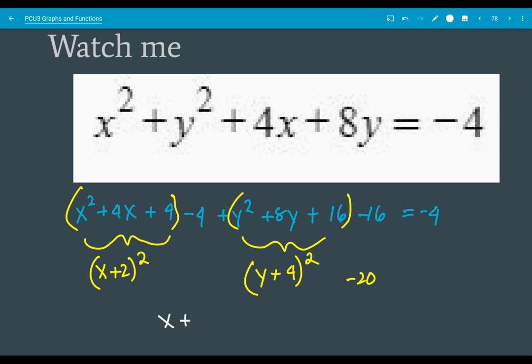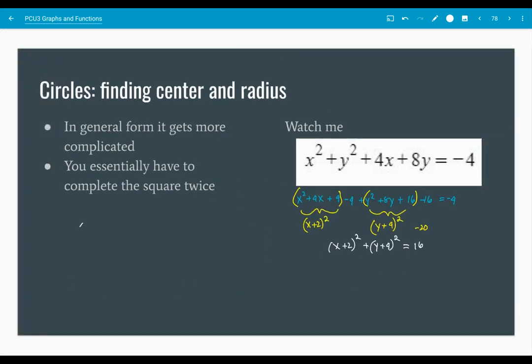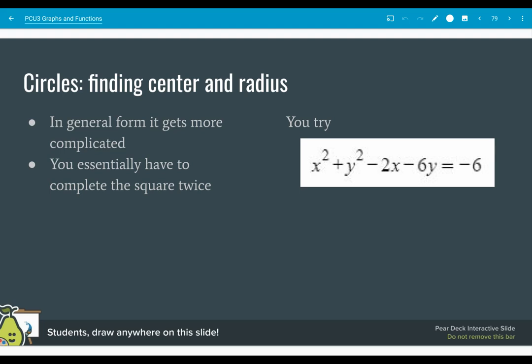So we have x plus 2 squared plus y plus 4 squared equals, we're going to add 20 over to the other side and give us positive 16. So our center is at negative 2, negative 4 with a radius of 4.